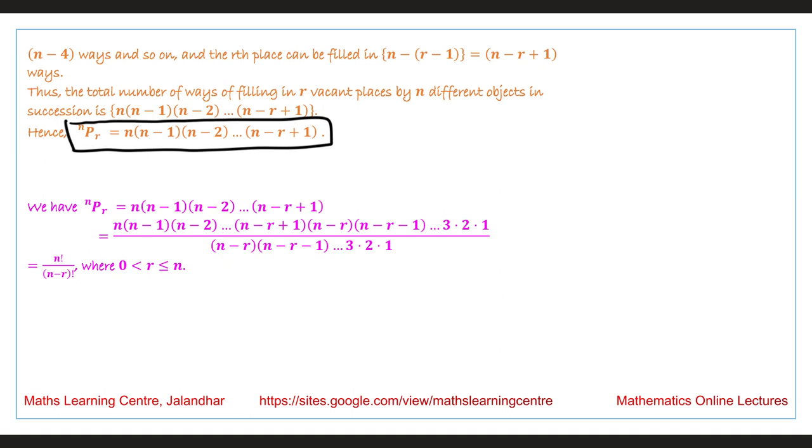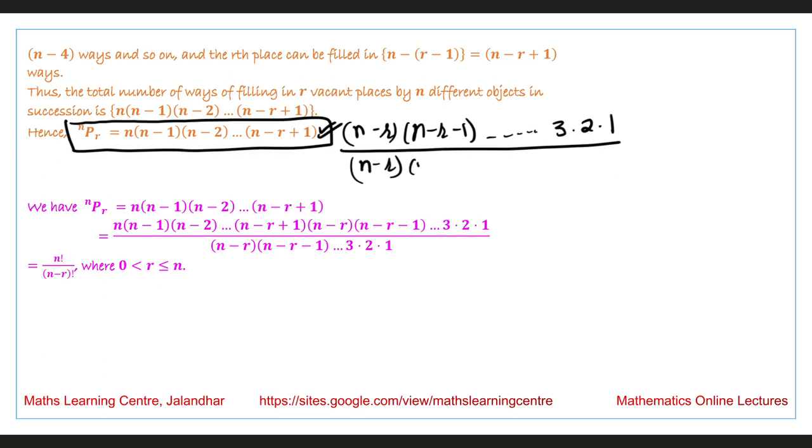Now if we multiply and divide this term by the next term, n minus r, then n minus r minus 1, and so on up to 3 into 2 into 1, this will not change the answer. Now look at the numerator: it is 1 into 2 into 3, and so on up to n minus 2, n minus 1 and n.